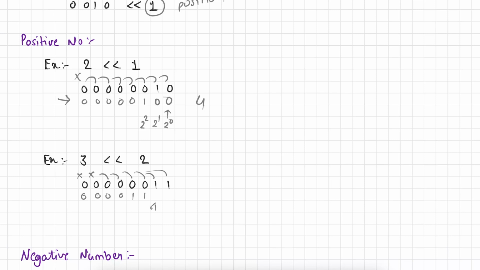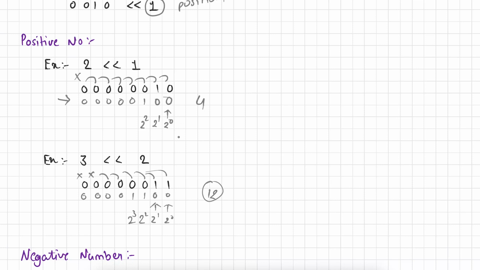Now 2 places are left blank, so the left shift operator just fills them with 0. What is the decimal representation of this binary number? It's 2 to the power 2 plus 2 to the power 3, so 4 plus 8. It comes out to be 12. So this is all about positive numbers.